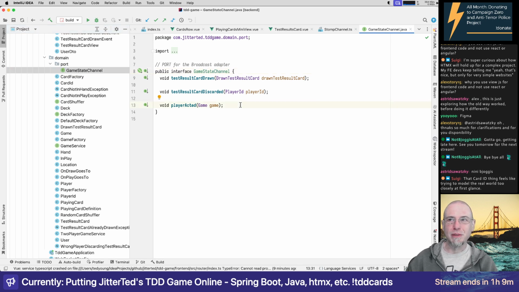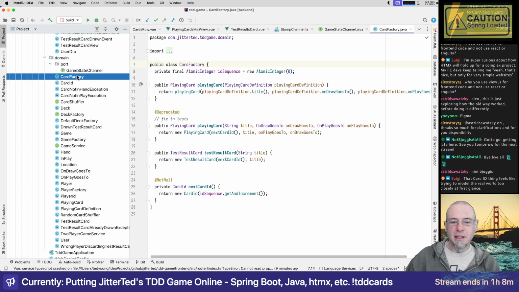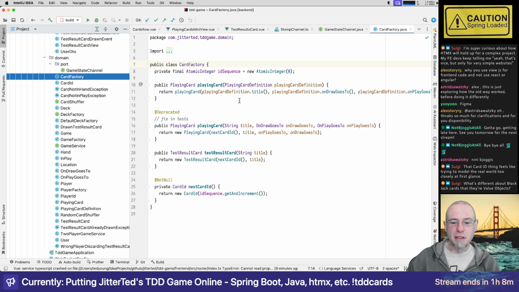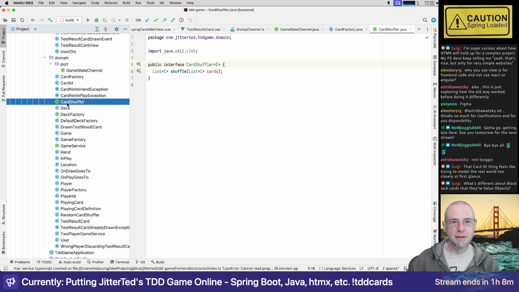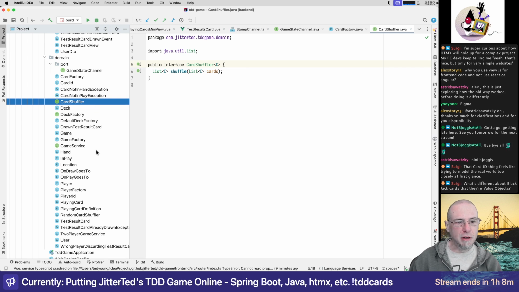which right now pretty much just has 3. This will probably completely change. So we've got our card factory, which creates cards. We've got our good old card shuffler. And we've got different kinds of cards.